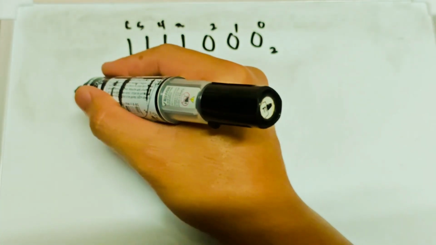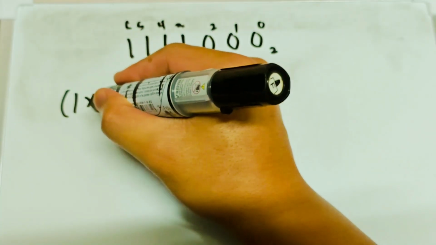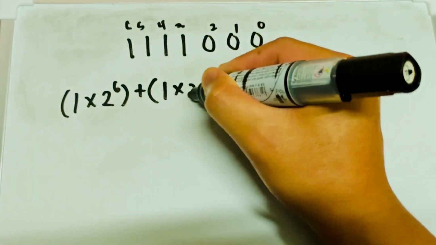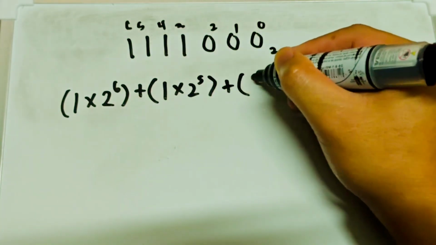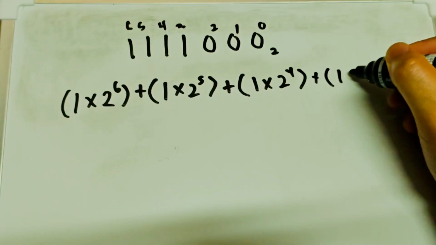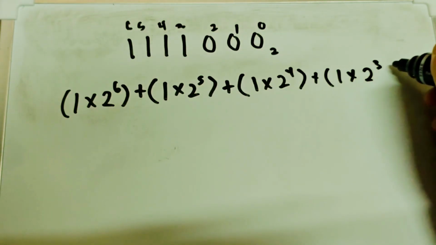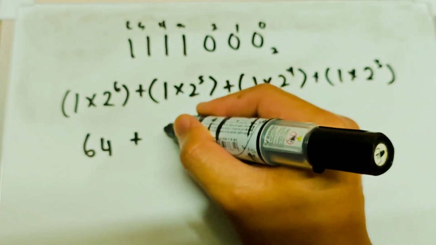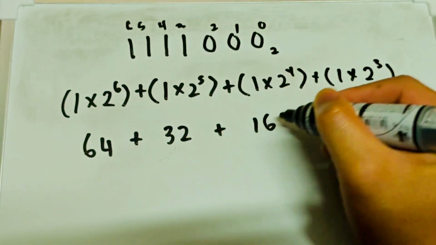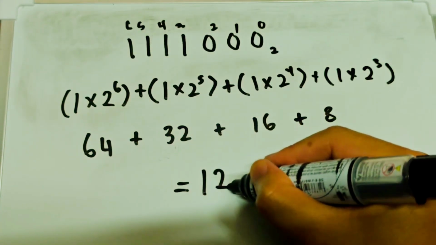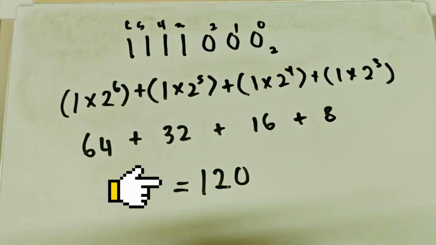And then we do 1 multiplied by 2 power of 6 plus 1 multiply 2 power of 5 add 1 multiply 2 power of 4 and then add 1 multiply 2 power of 3. And then our value will be 64 plus 32 plus 16 and plus 8. Our decimal value will be 120. So, this is our decimal value.